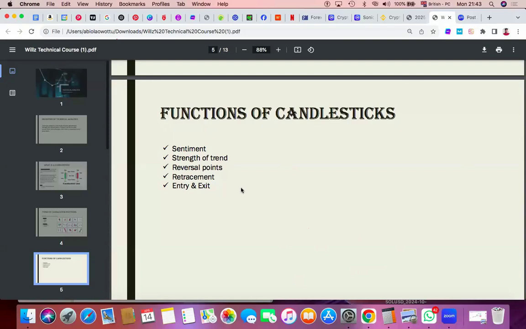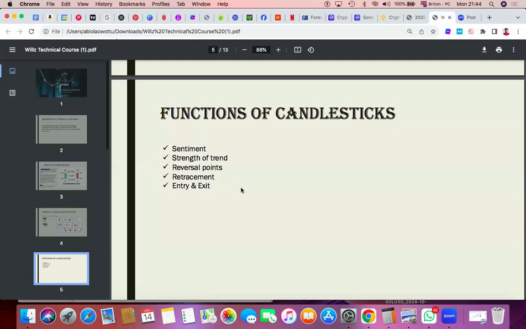So today we'll be going through them all over again. When we talk about sentiment, it has to do with sentimental analysis in the market. And on our chart, it also reflects.